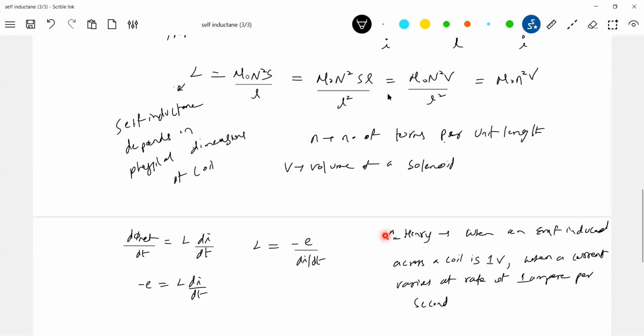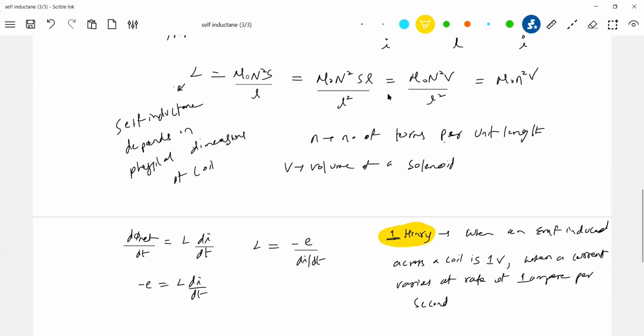The coil is said to have 1 Henry when it produces an EMF of 1 volt, when the current across it varies at a rate of 1 ampere per second, whether the current is increasing or decreasing, we're just telling it varies at a rate of 1 ampere per second. Like this, we define 1 Henry. Our definitions are very important. You have to be careful.